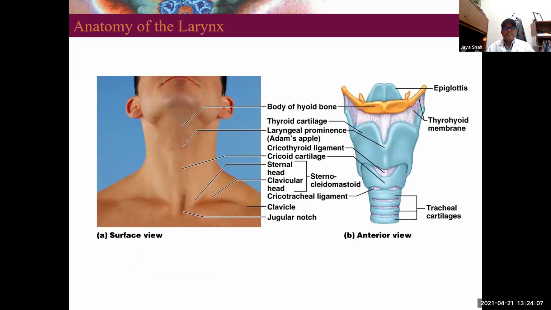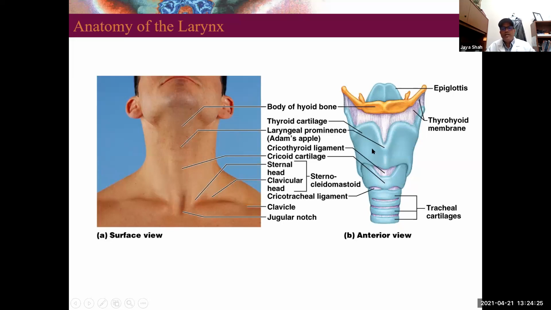Larynx here. You see the laryngeal prominence, or Adam's apple in males. This one is the Adam's apple. The larynx is made up of 9 cartilages.